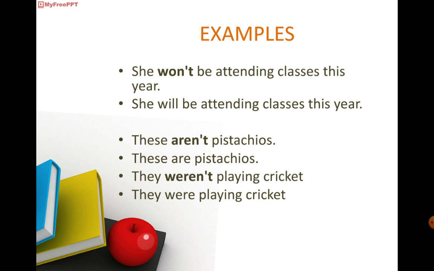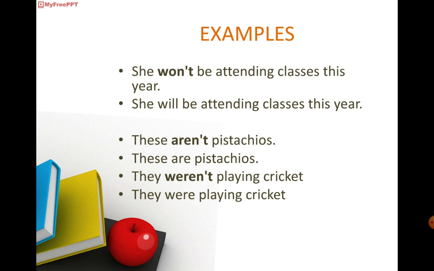Next example, she won't be attending classes this year. Negative sentence. To make it positive, remove won't, then what you have is positive. The answer is she will be attending classes this year. Next sentence, these aren't pistachios.